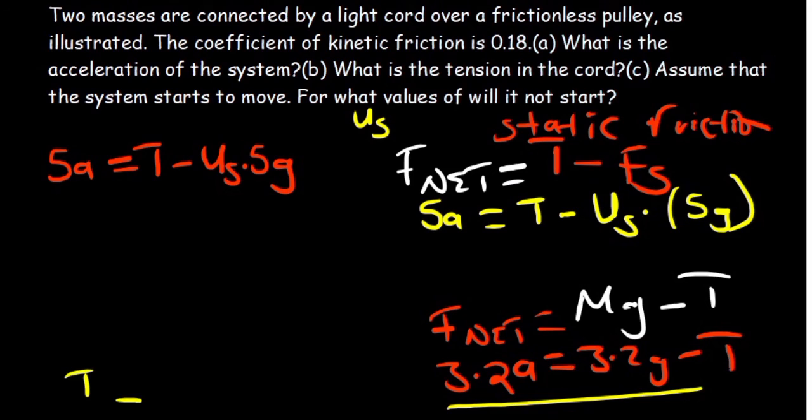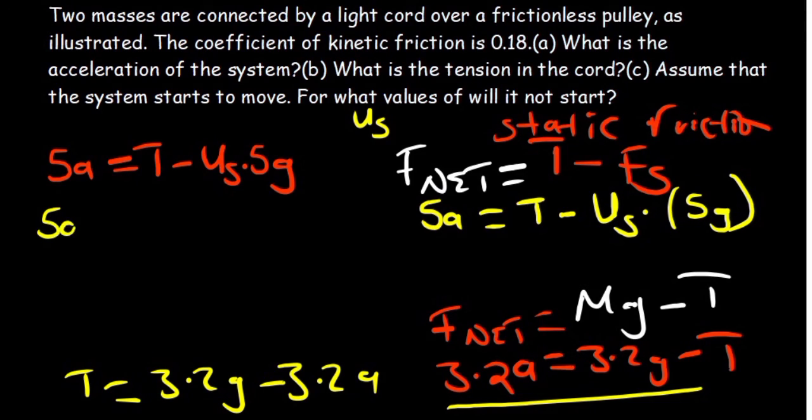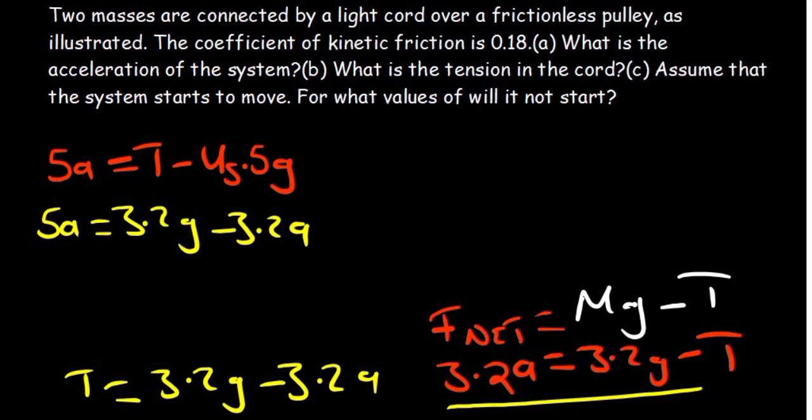So if you make tension the subject, 3.2g minus 3.2a, that's what we have there. So we can plug in: 3.2g minus 3.2a, and now we have minus mu s 5g.